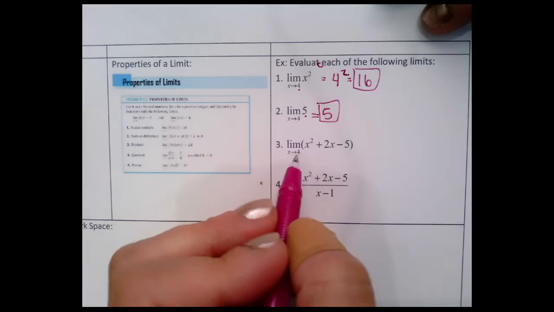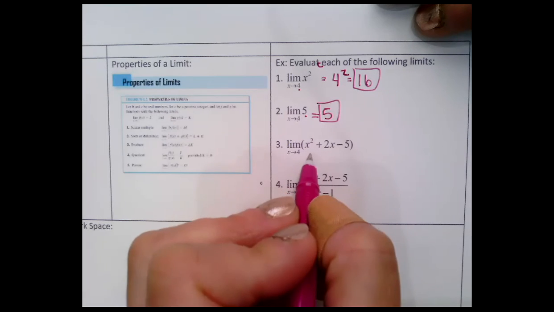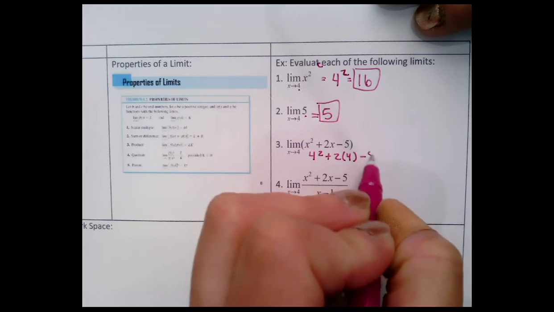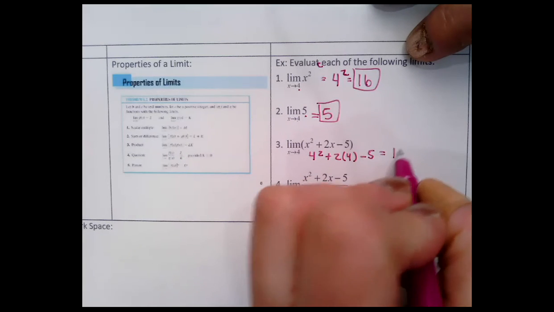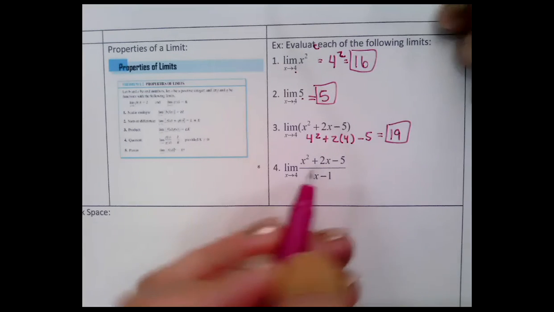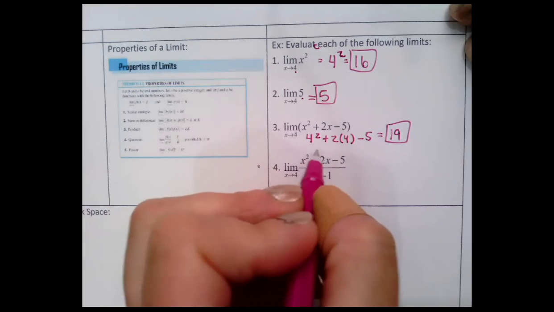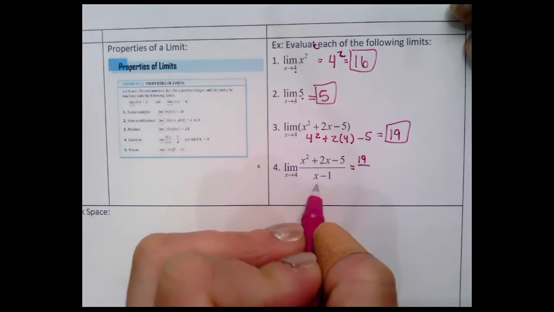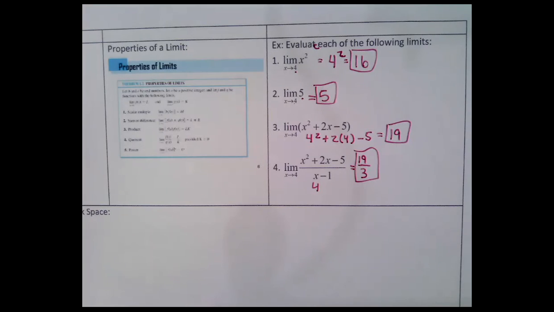The limit as x approaches 4 of x squared plus 2x minus 5 is going to be 4 squared plus 2 times 4 minus 5, and that's going to give us 19. And our last one, the limit as x approaches 4 of x squared plus 2x minus 5 over x minus 1, the numerator we just found is 19, so the answer is 19 over 3.